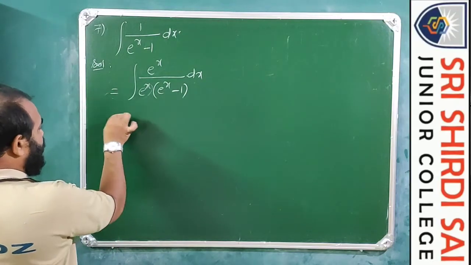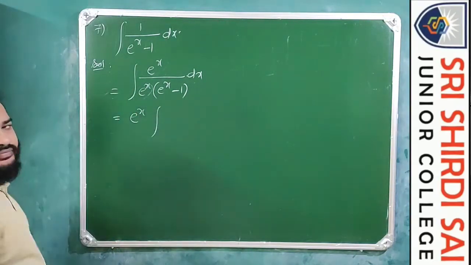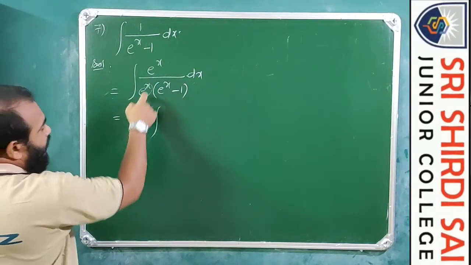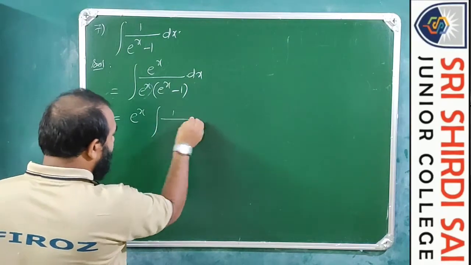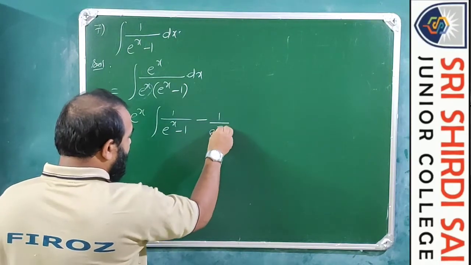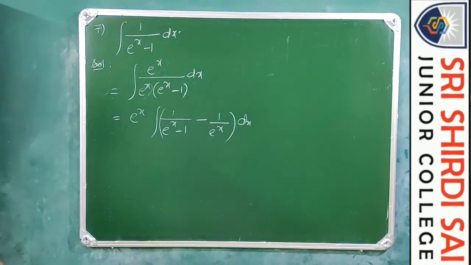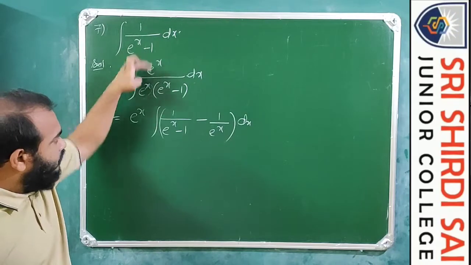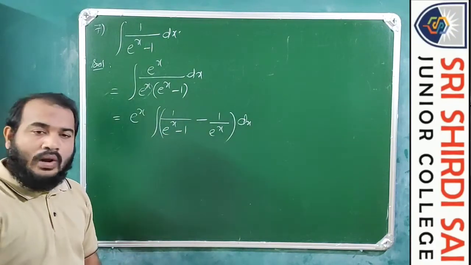So this is equal to, e power x I'm writing outside. So this is 1 by e power x into (e power x minus 1). It can be written as 1 by (e power x minus 1) minus 1 by e power x dx. So I have written 1 by e power x into (e power x minus 1) to be 1 by (e power x minus 1) minus 1 by e power x.